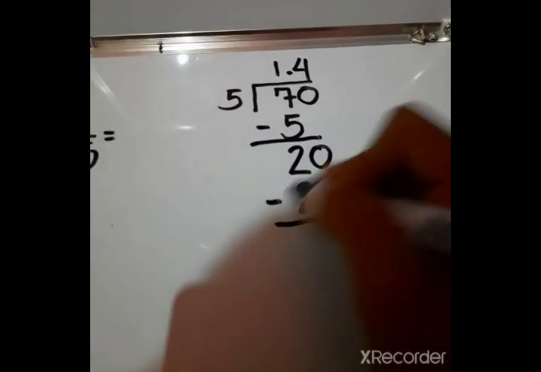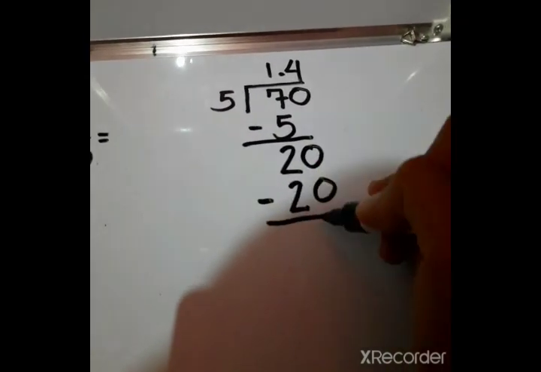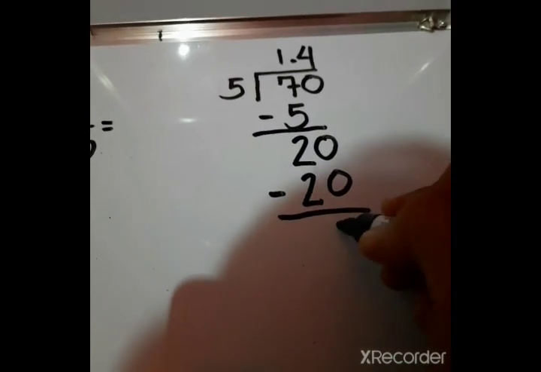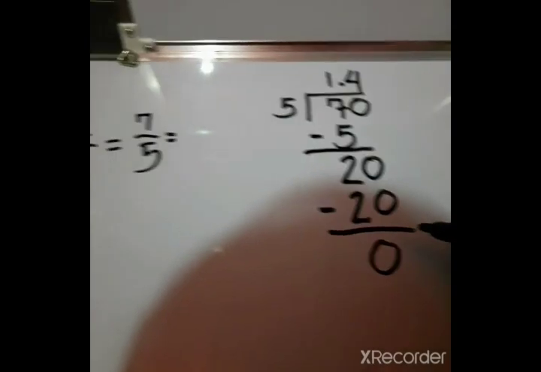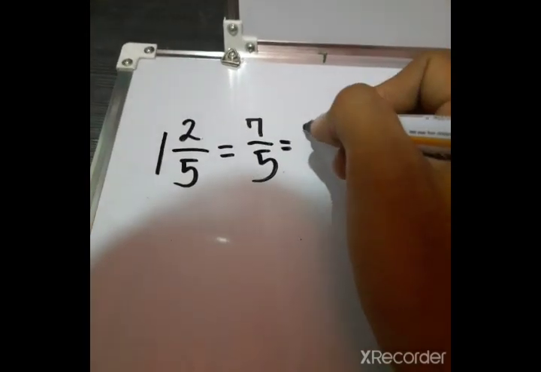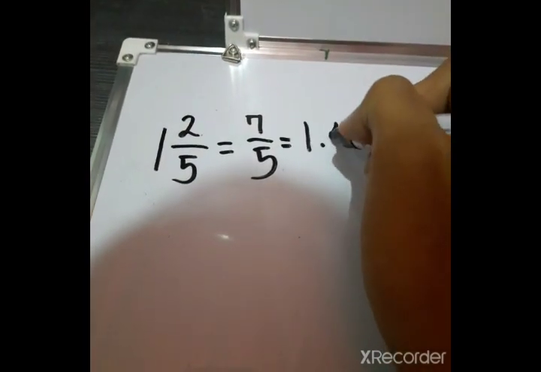So 20 minus 20, the answer is 0. Since 0 is our remainder, therefore 7/5 is equivalent to 1.4.